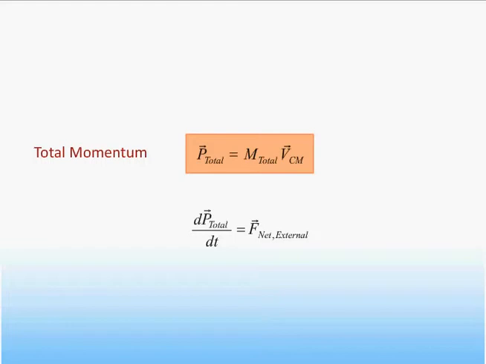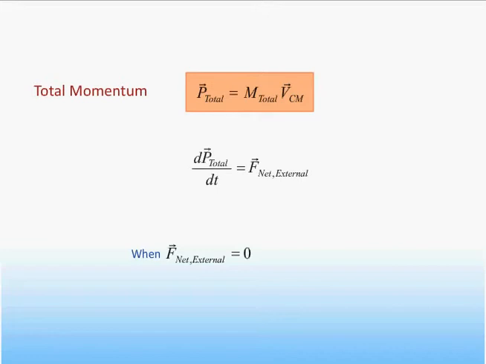This deceptively simple-looking equation is extremely important, and we will spend several lectures exploring its meaning. P total is the total momentum vector of the system and is equal to the vector sum of the momenta of all of the parts of the system. Likewise, the total external force is the vector sum of all external forces acting on all parts of the system.